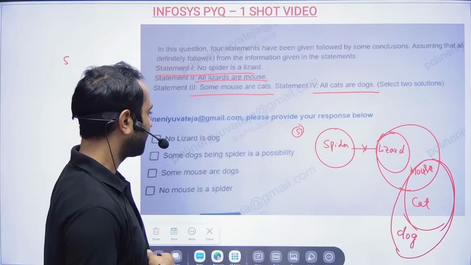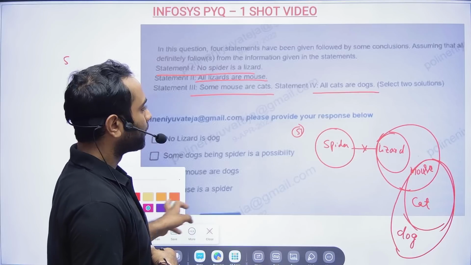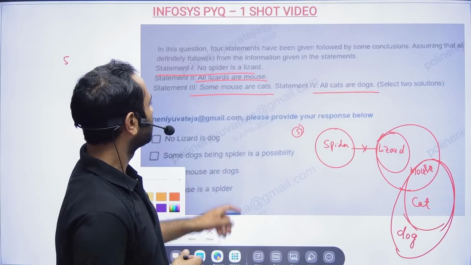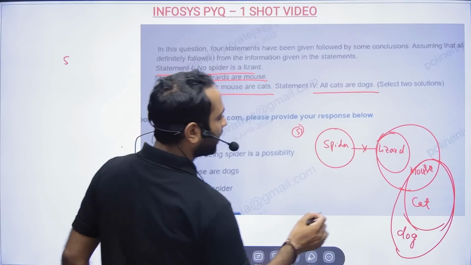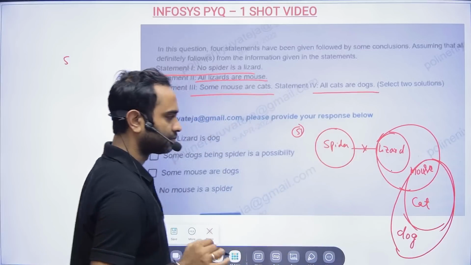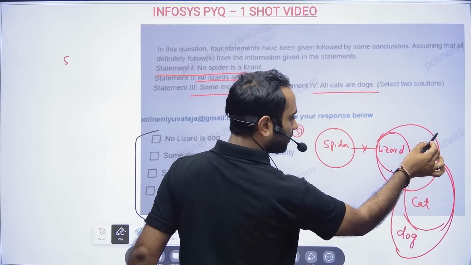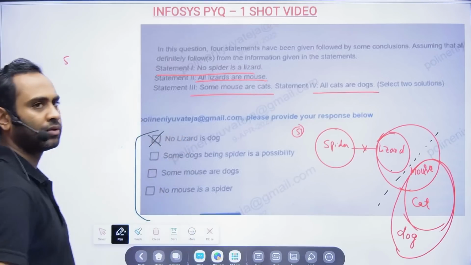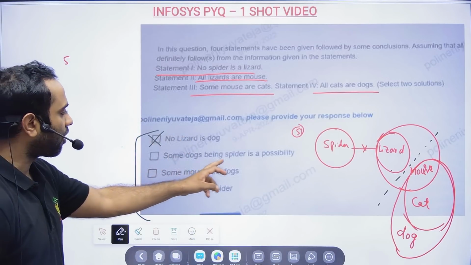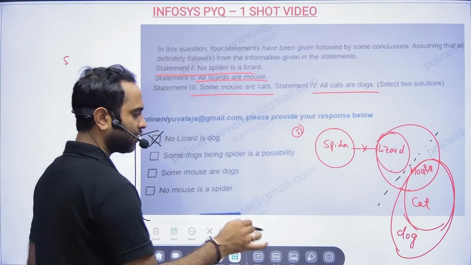Anyway, now what they're telling, here are your conclusions. No lizard is a dog. Lizard and dog, there can be or there cannot be a relation. In that case we cannot conclude. Some dogs being a spider is a possibility. Yes, why not?